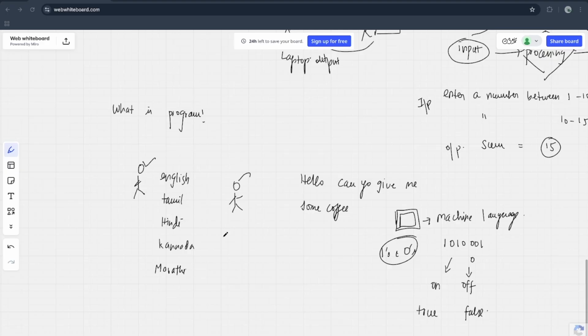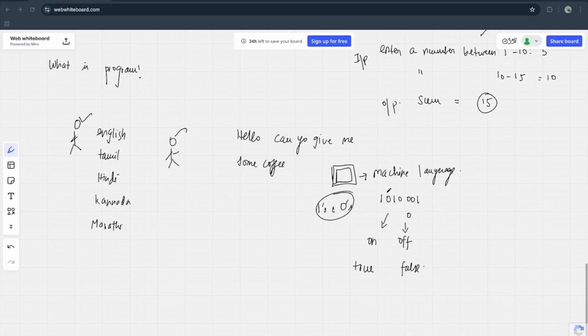Machine language, we can't learn, because can you understand this? No, we can't understand. So this is machine language, and there is something called high level language that we are going to learn now, that is Python, C, C++, Java, Kotlin. There are n number of high level languages.